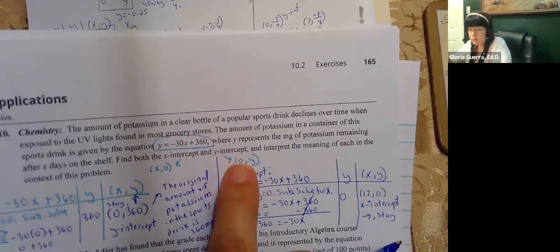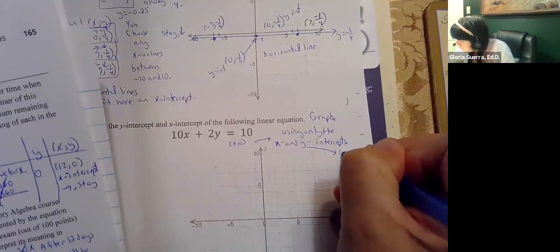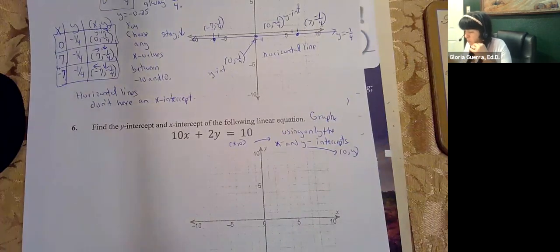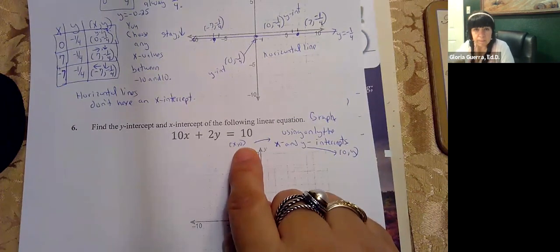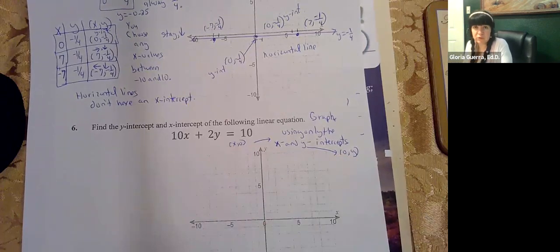And then y-intercept is (0, y). Remember, in the intercepts, there's two of them, and they both involve 0. See, you have the 0 here, and then you have the 0 here. They both involve 0. That's by definition.